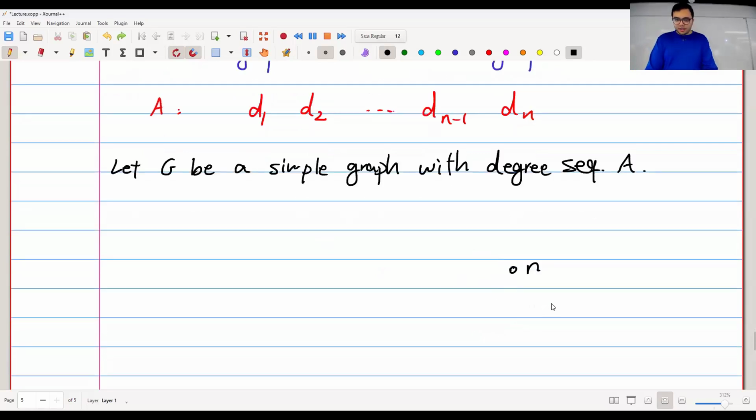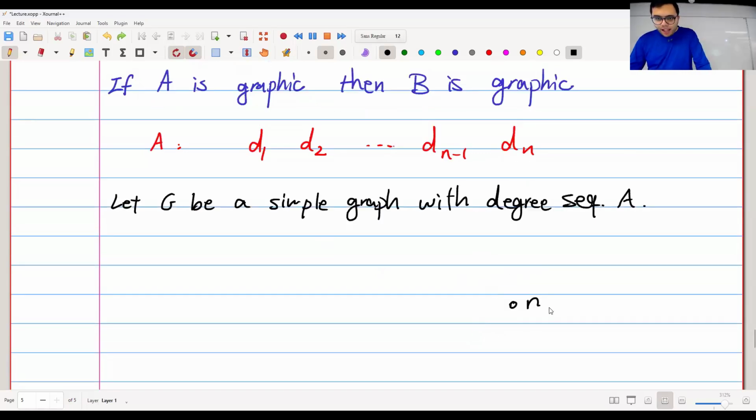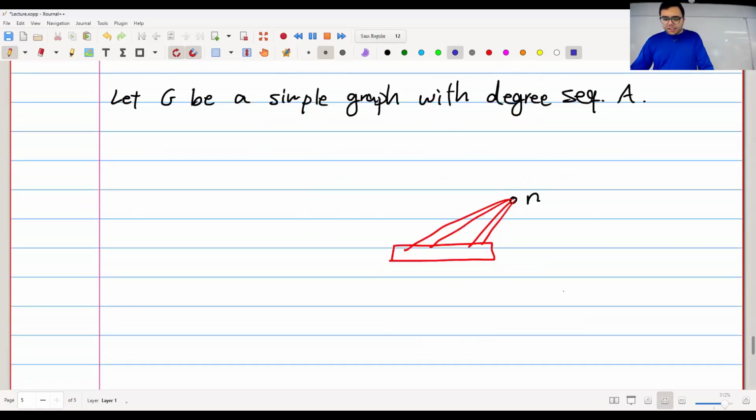I can say, let's look at n. And let's say that there are some neighbors of n in this graph. Okay. So these are all the vertices that n is connected to. And then I have a different set, which is the set of vertices that I wish n was connected to. Right? So I have this other set.